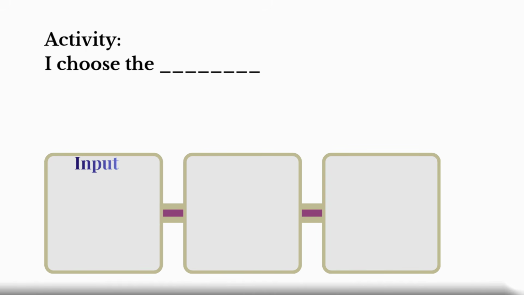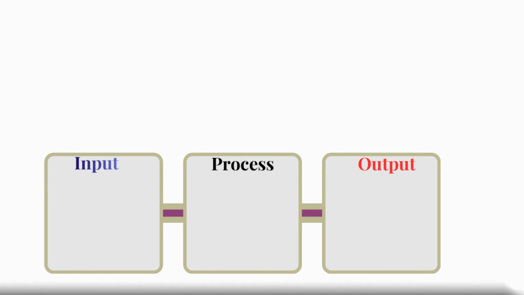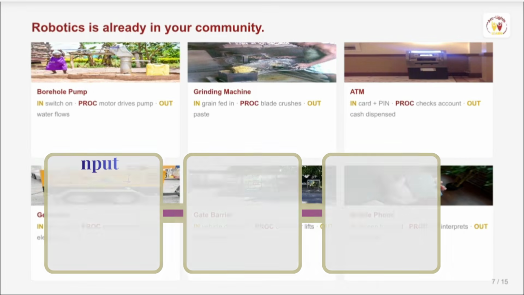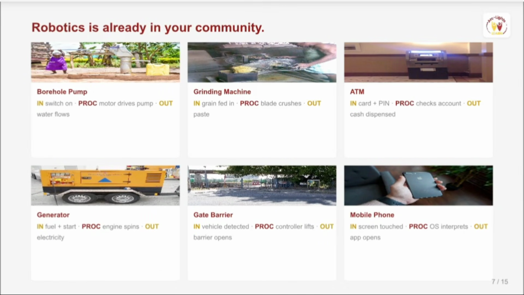Don't forget input, process, and output. I repeat, choose one machine from the list on the screen, draw 3 blank boxes, and write out the IPO model for the machine you have selected.